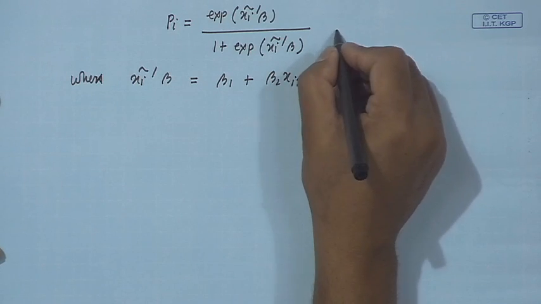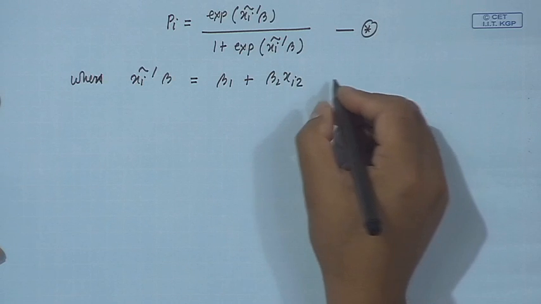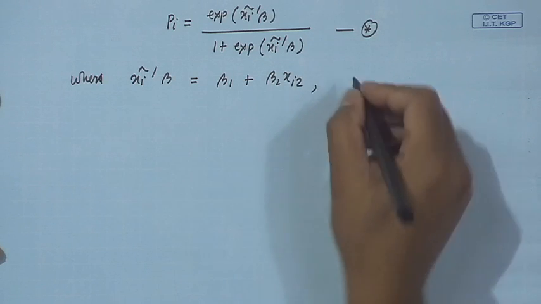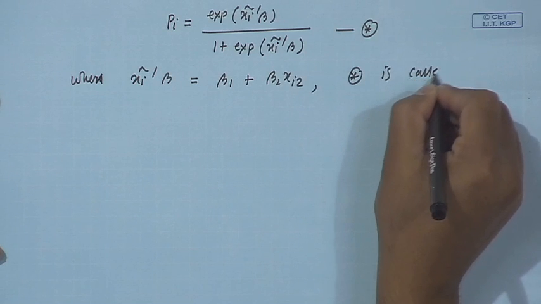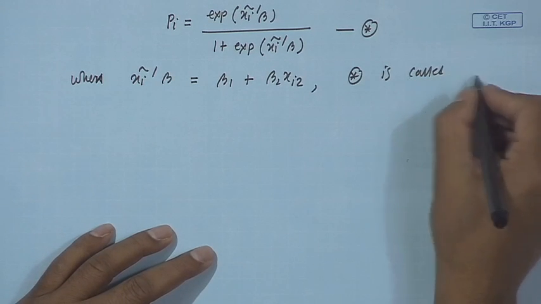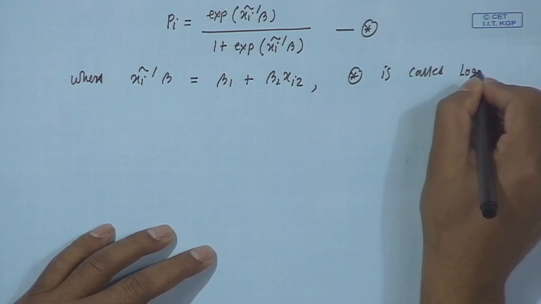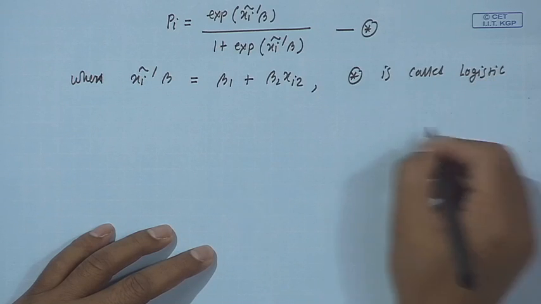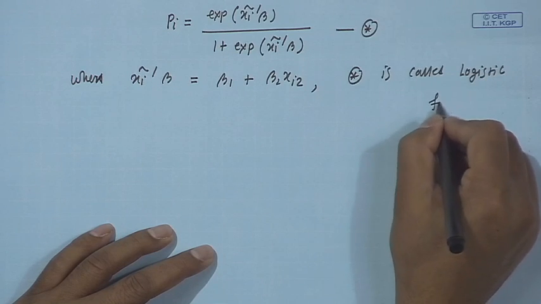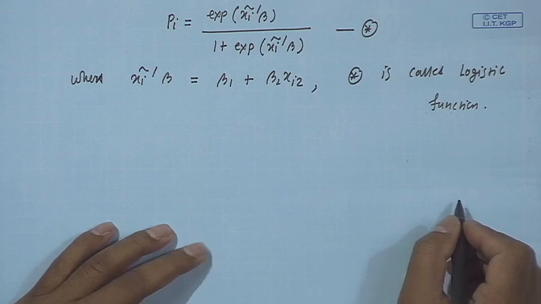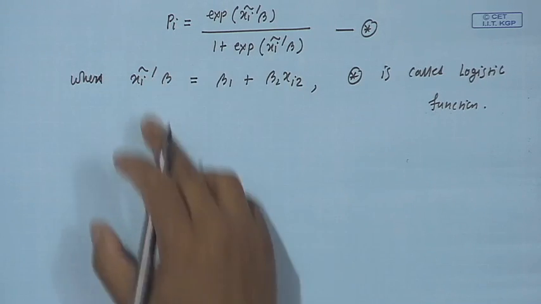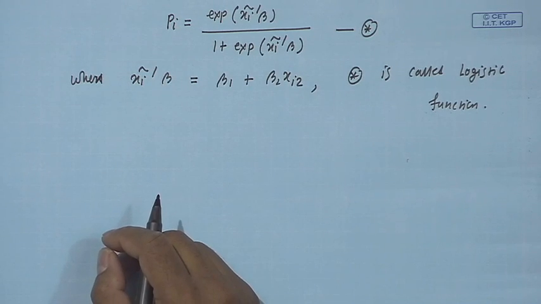When this is the situation, let me call it star, then star is called the logistic function. Okay. So, we have the model with us.